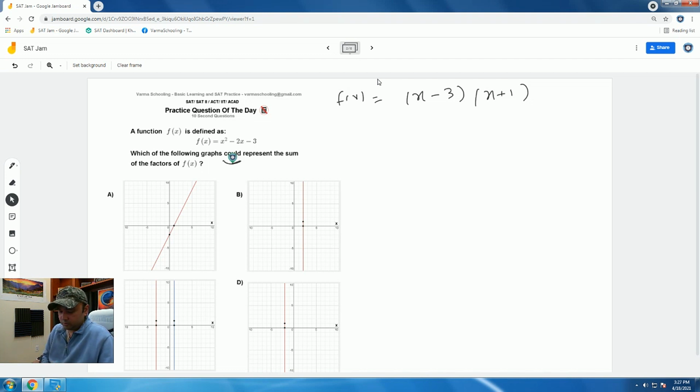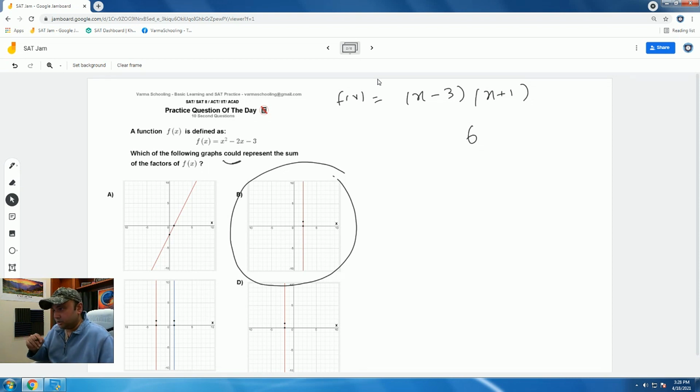Now, factors: if you know the factors of a number, let's say 6, the factors are 1, 2, 3, and the number 6 itself. So that's why the question was worded in a way that says could be. And the rest of the options don't even make any sense because, for one, they have a static value of x, which means the function itself has a domain of one integer, which isn't the case.